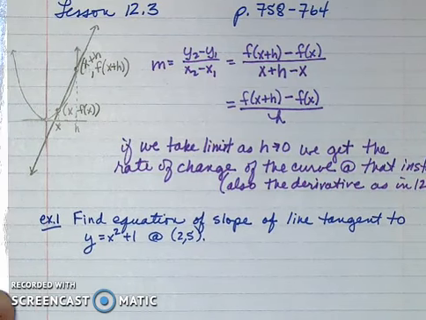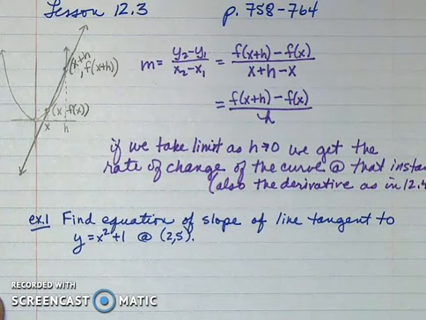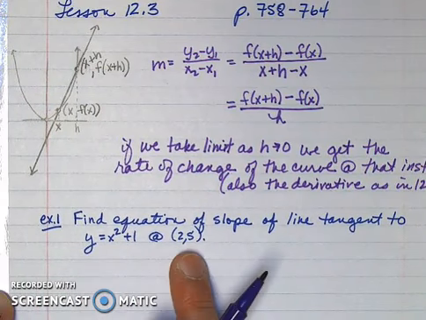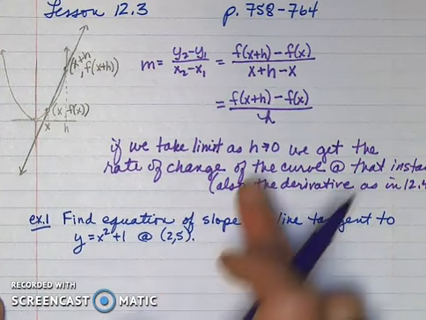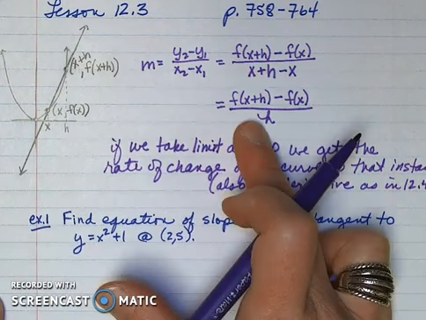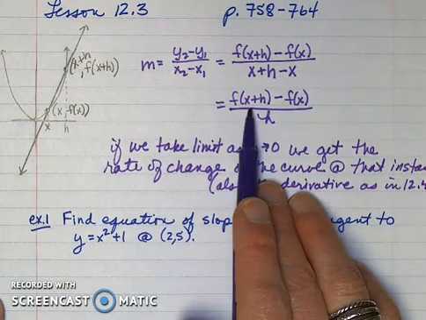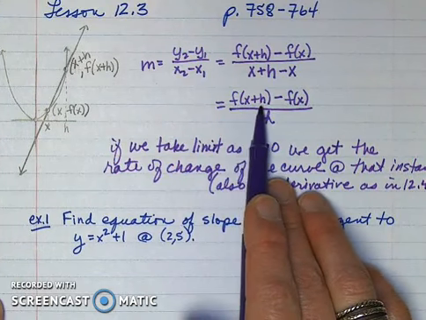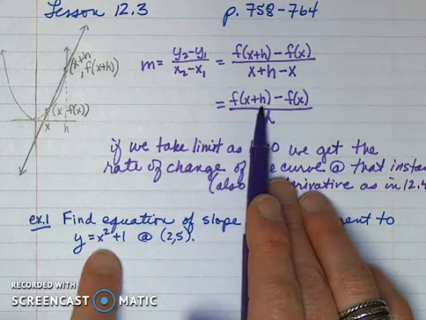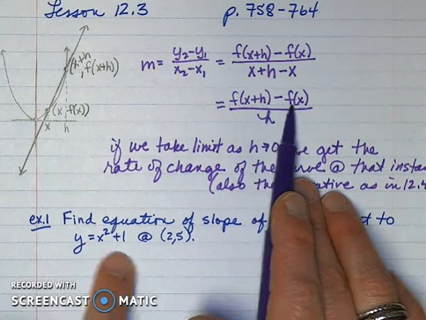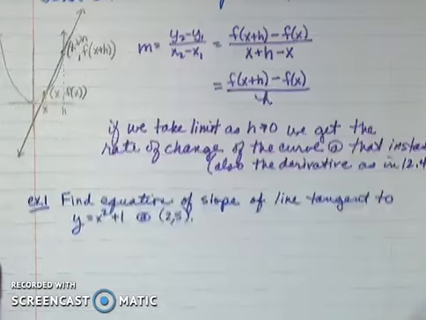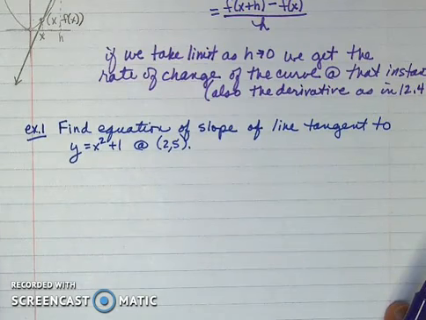Let's do an example. If I want to find an equation of the slope of a line tangent to this parabola at that point, I would need to go through and plug in this difference quotient and use this formula. So here, if I'm taking the function at x plus h, everywhere there's an x, I have to put x plus h minus the function all over h. Here we go.